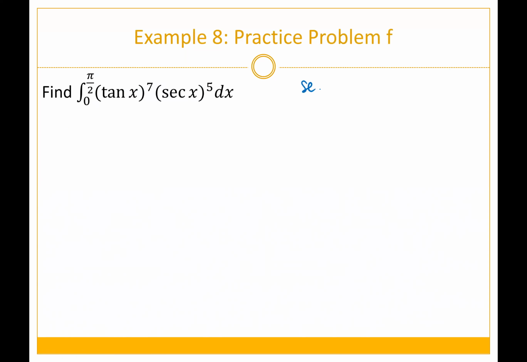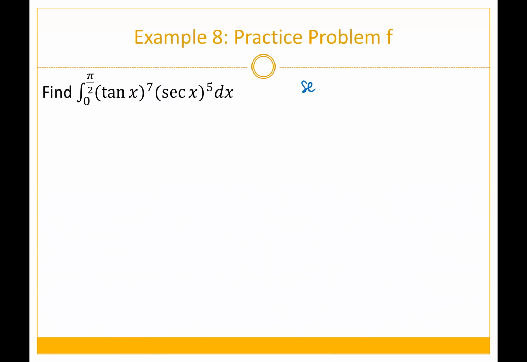So we have to get rid of one of the secants. But the integral of secant gives us something pretty odd, like ln of secant plus tangent. That's not something that we want to use because now we have secant again, and we have to figure out how to get rid of that. We want the entire expression in just tangent or just cotangent, right?